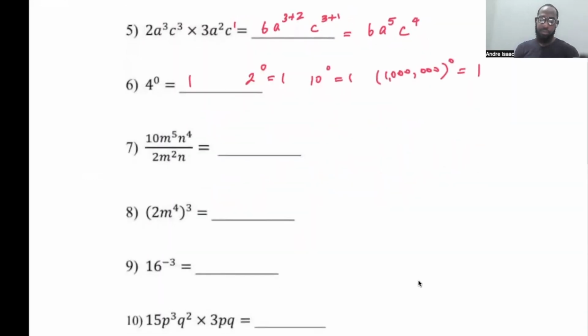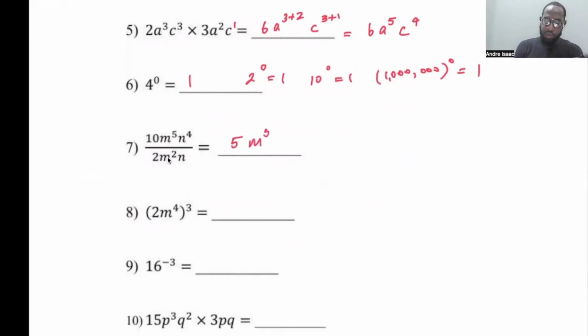Number 7. Here we simplify the numerator, we simplify the denominator, and we deal with the division. But the numerator is simplified already, the denominator is simplified already. So we have to deal with the division one time. 2 into 10 is 5. When you divide the same letters, you subtract the power.